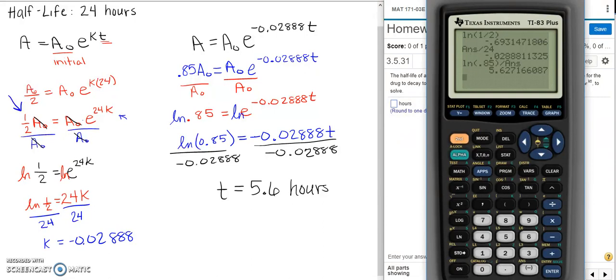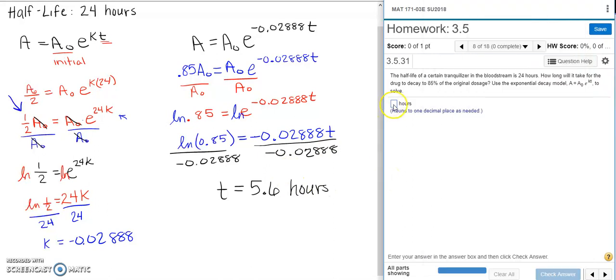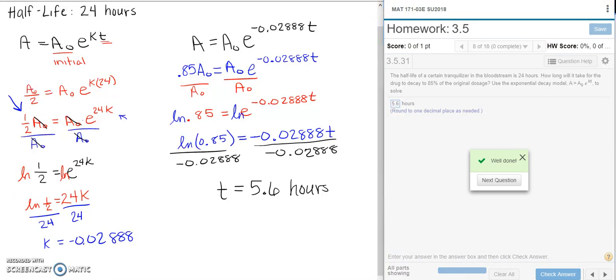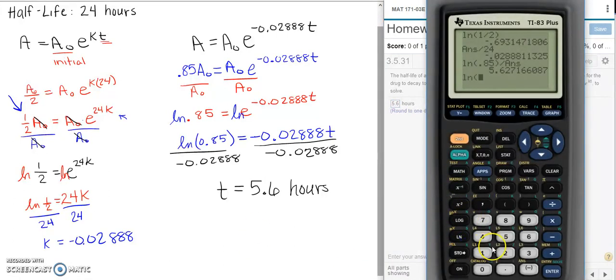Okay, so 5.6 hours. If it takes 24 hours to reduce to half, it only takes 5.6 hours to reduce to 85%. Yay! Okay, so notice if you had started rounding in the middle of your problem, let's say you rounded this long decimal to negative 0.03.